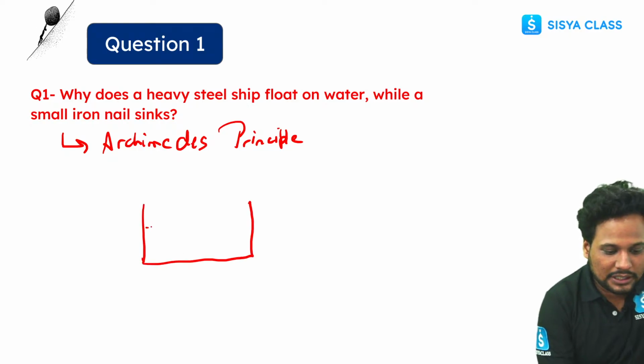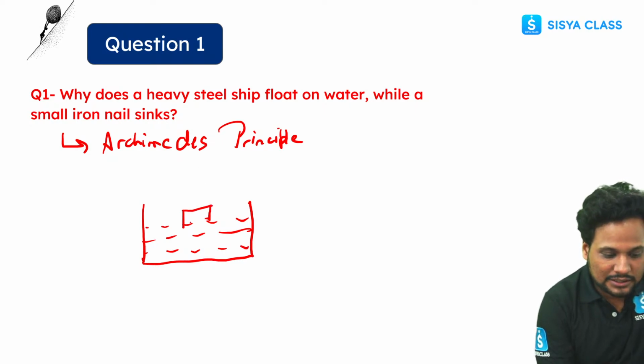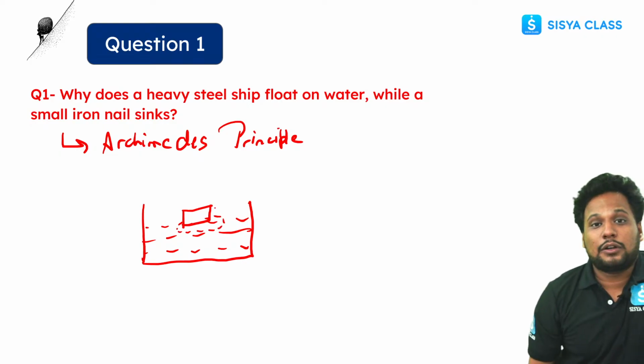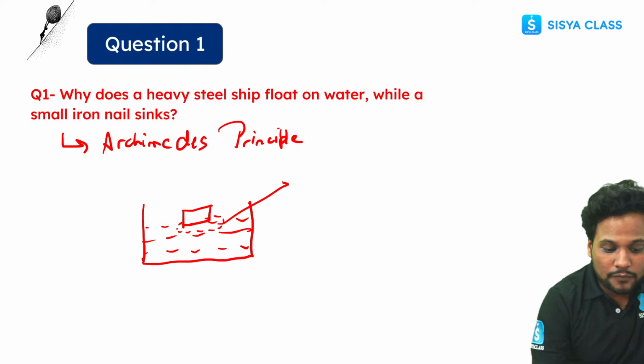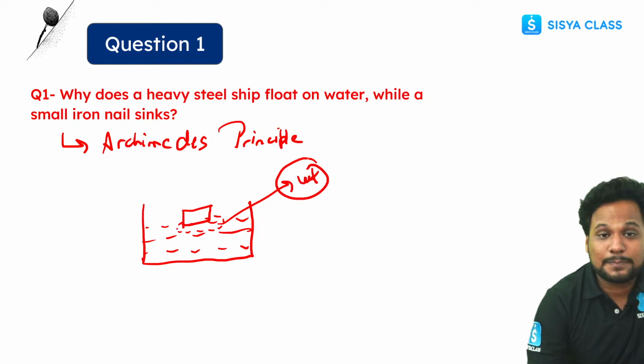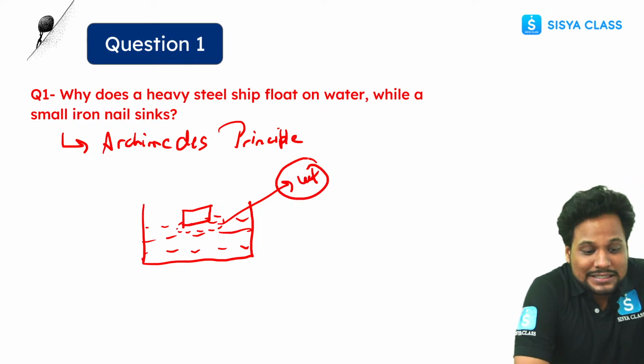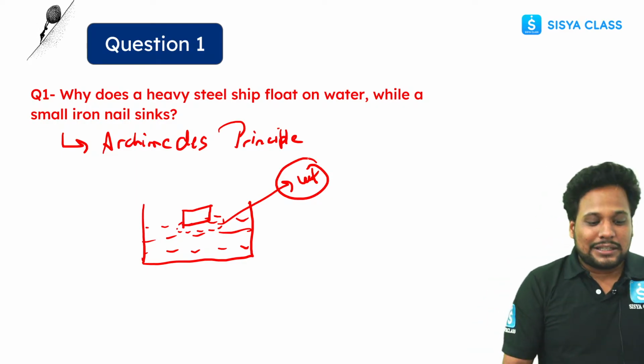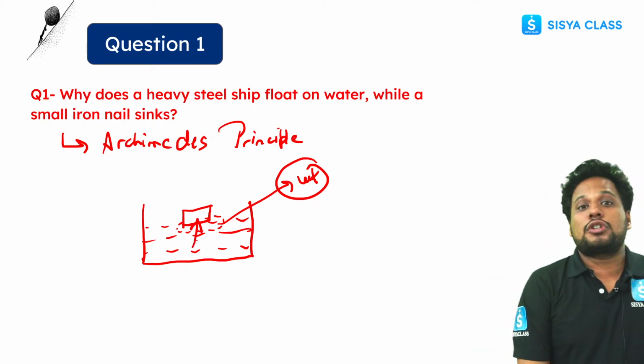Let's suppose this is a beaker, and we kept some liquid in this beaker, and there is one object placed in this liquid. Now for sure it's going to displace some part of the liquid. Now if the weight of this displaced part of the liquid is greater than the buoyant force, for sure it's going to sink.